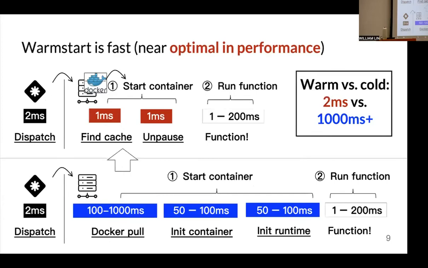Because the paused container already has the images and initialized language runtime in its memory, using caching to run the function can skip many phases of the cold start, so it is extremely fast. For example, caching can typically finish container startup within 2 milliseconds compared to hundreds of milliseconds in the cold start.